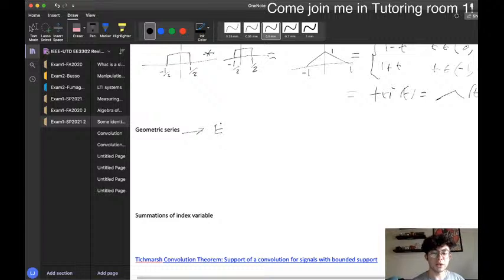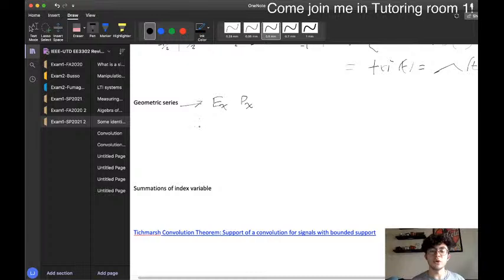If we're talking about E of x or P of x, it might be useful to know the geometric series. This is particularly useful for discrete time signals, x of n. The geometric series is the sum of powers of some r value, which is between 0 and 1, not exactly 1 and not exactly 0.